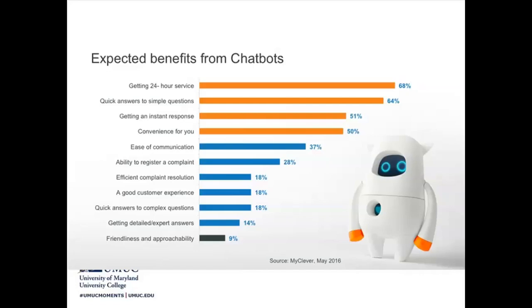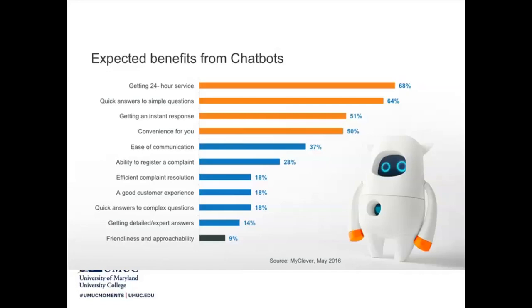Today, with the advancement, just 2 years after this graphic was produced, the expected benefits from the chatbot are going down in this graphic. What does that mean?